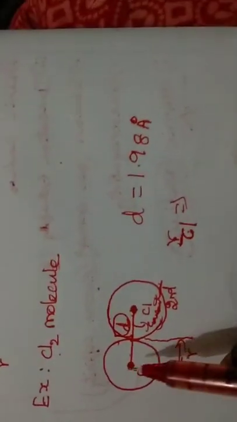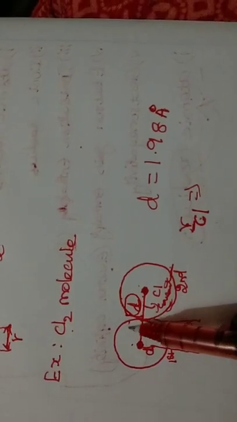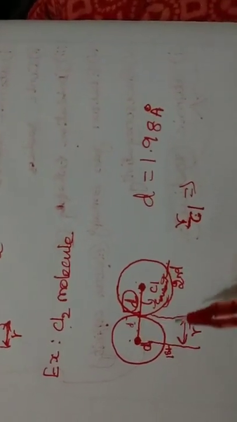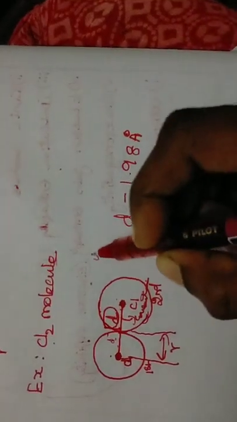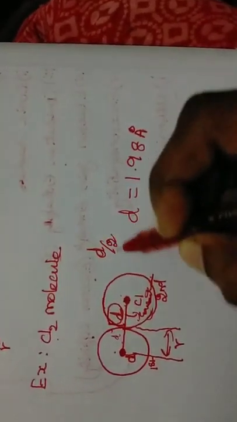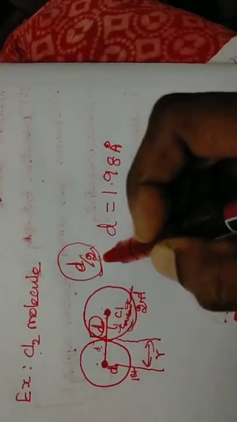Come here in this picture. The distance between one chlorine and the other chlorine is d. Then half of this distance, d by 2, we should calculate.